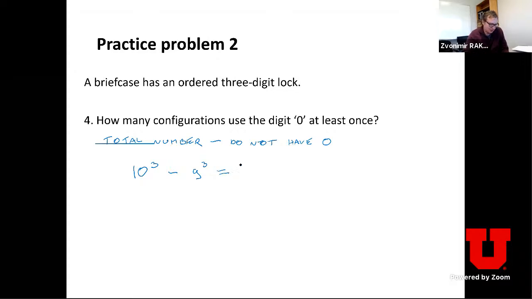When you calculate this out, what do you get? Let me see. I have it here. Well, okay, I don't have it handy. 1,000 minus, okay, my old brain, 9 times 9 times 9, that's 729. 1,000 minus 729 is equal to 271, if I didn't mess it up.